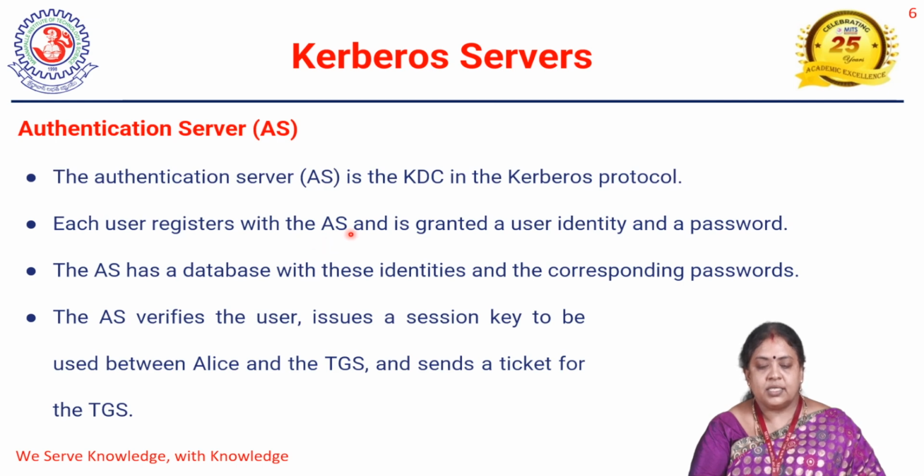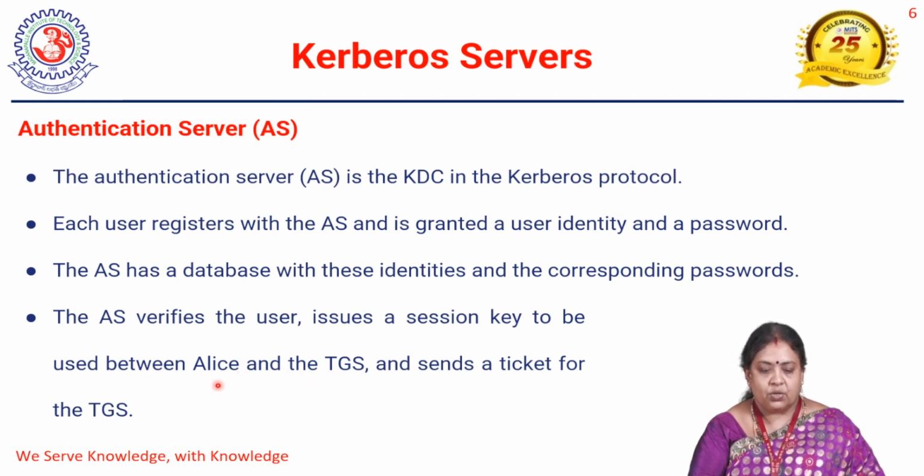Then the authentication server gives the user an identity and a password. This authentication server is going to maintain a database in which all the users' identities and their corresponding passwords will be stored. Whenever the user requests a service, the authentication server verifies the user and issues a session key between Alice and the TGS.